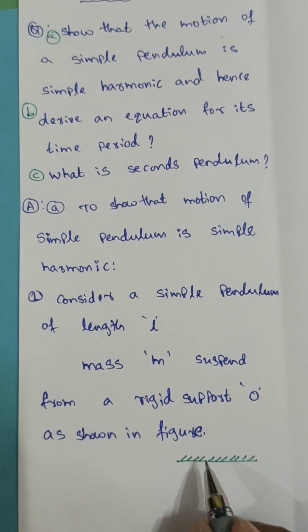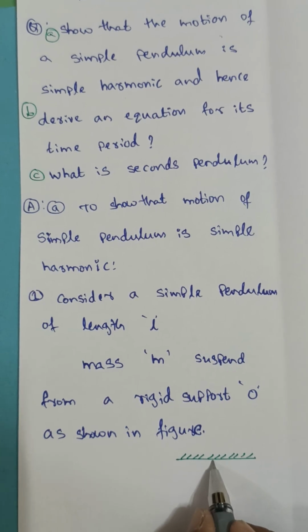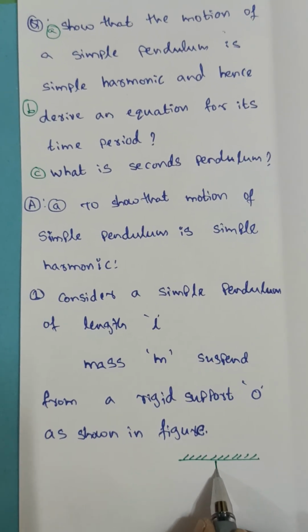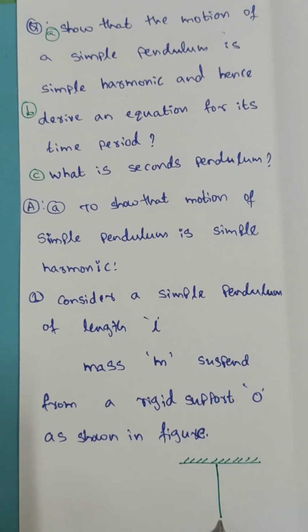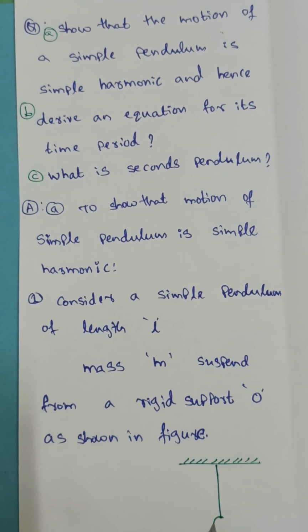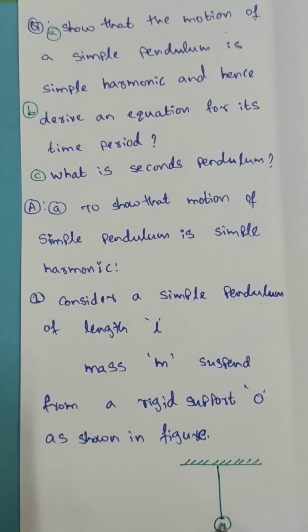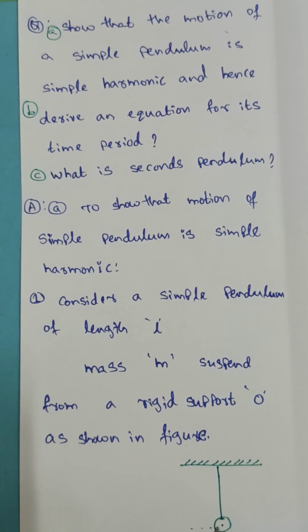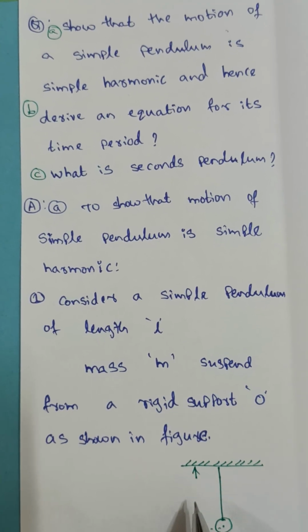So it is a rigid support. You take a thread of length L, bob of mass small m. So you take length from the center of the bob small l.